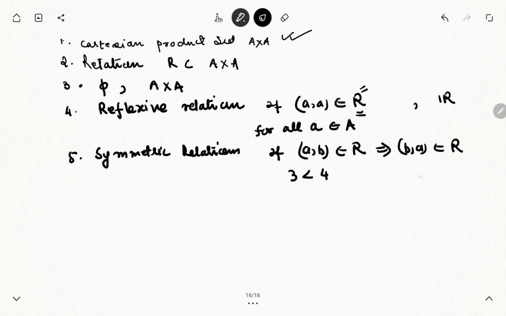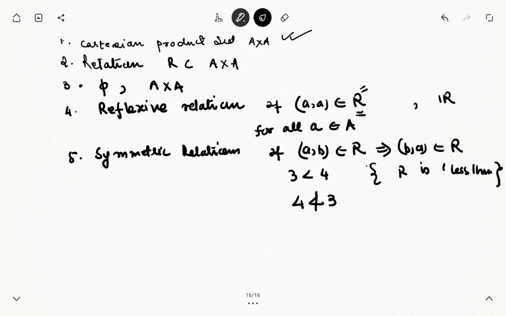Less than. So we are taking R here as, I'm going to write down, R is defined as less than. Now, 3 is less than 4. This relation is not a symmetric relation, yes or no? Because the reverse is not true. 4 is not less than 3. So this relation is not a symmetric relation.